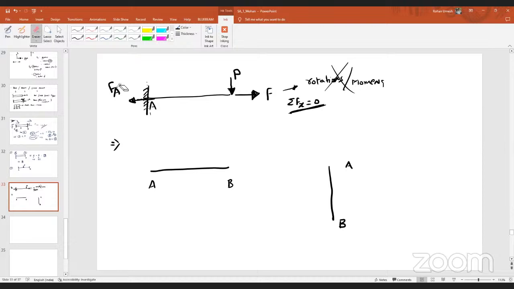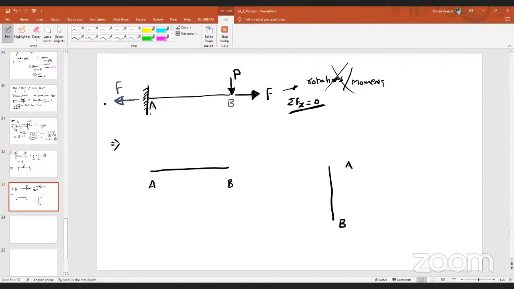So instead of writing every time what is the direction and what is the reaction, here I can say directly that at point B, the applied force F is acting on the right side. To balance this, there should be some resisting force acting in the opposite direction with the same magnitude.